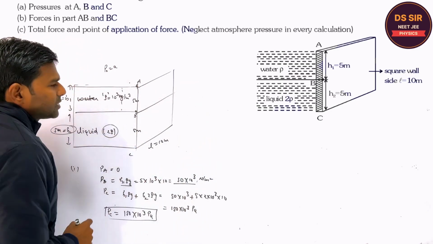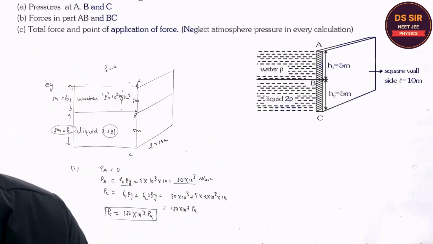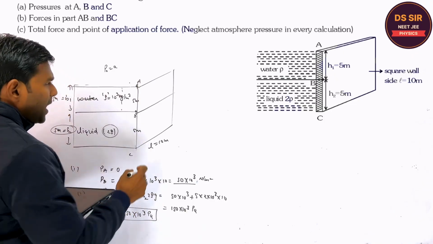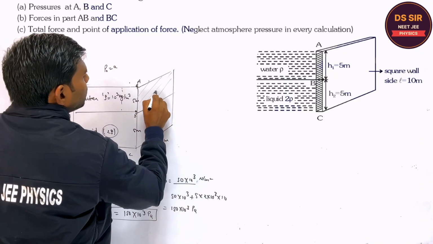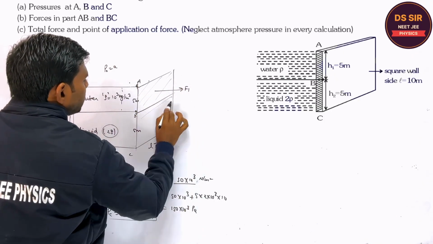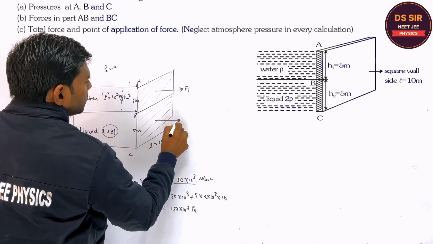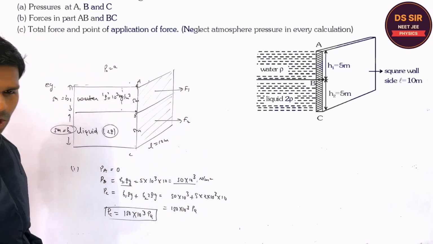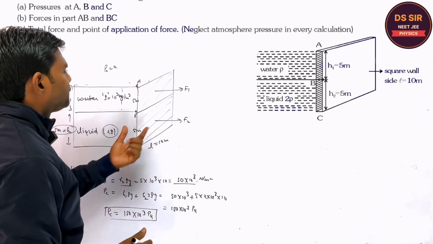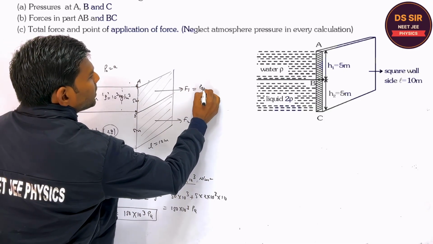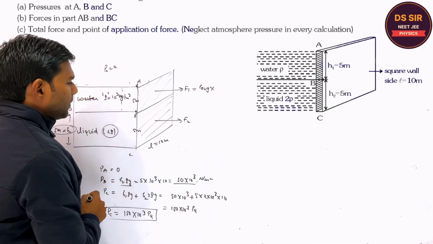Now what are they asking? In the second part, they are asking for the force on part AB. This is the part AB, the force F1. This is the part BC, and they are asking for the force F2. So I told you in the concept, the force is nothing but the average pressure multiplied by area.